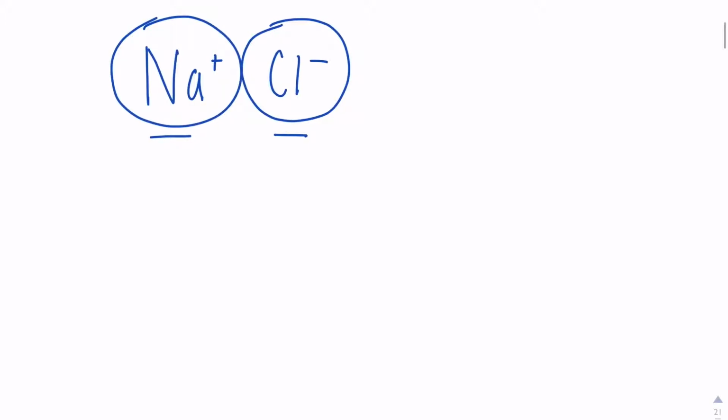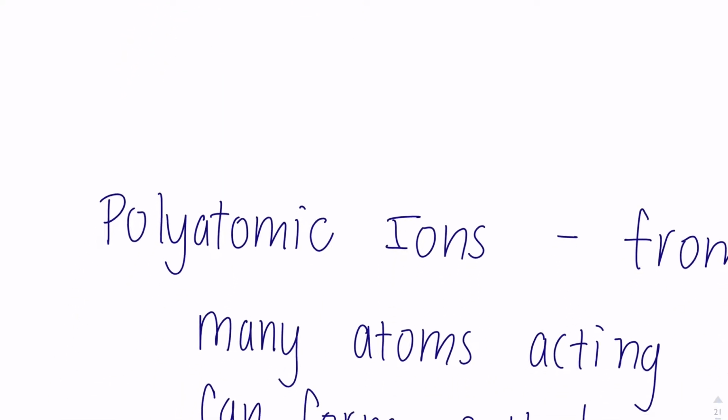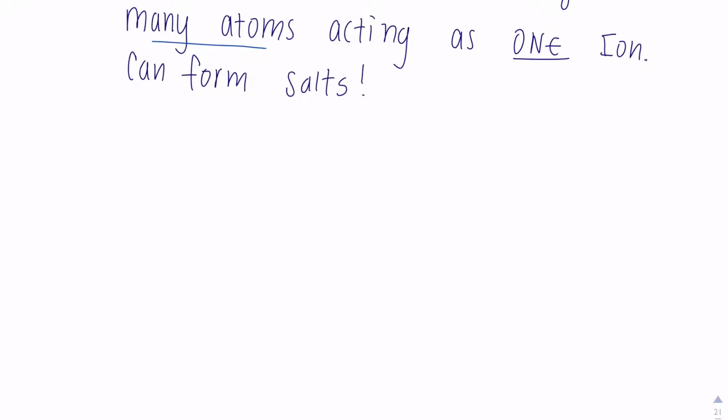However, there is a class of ions that have more than one element. These are called polyatomic ions. Polyatomic ions are formed from many atoms that act together as one ion. These can form salts. Some examples of polyatomic ions would be sulfate, SO4 2-.